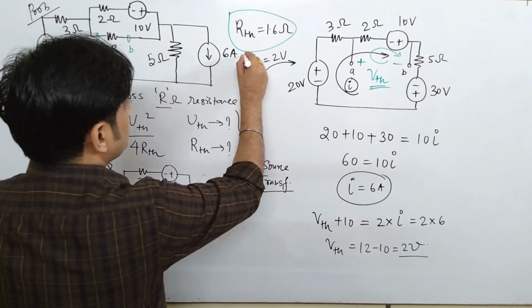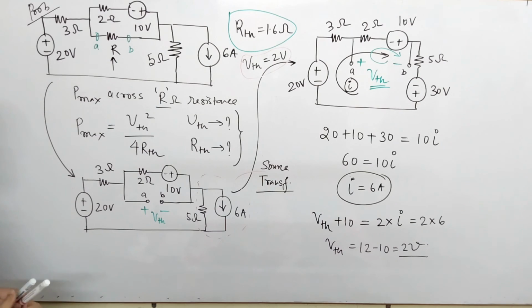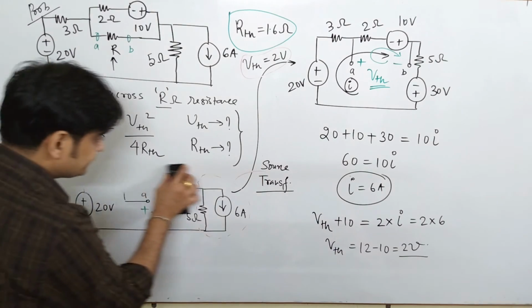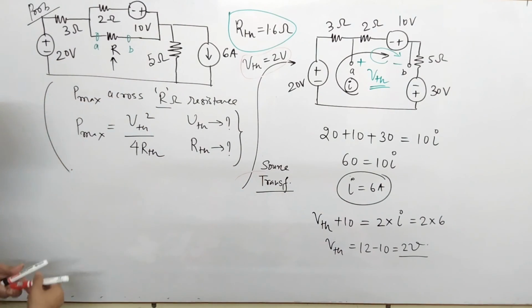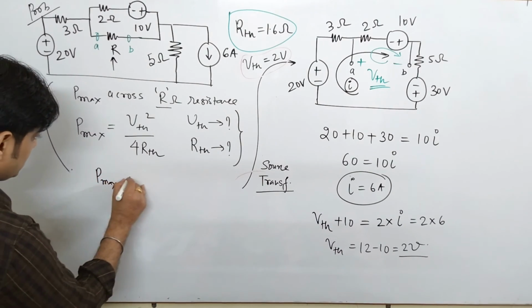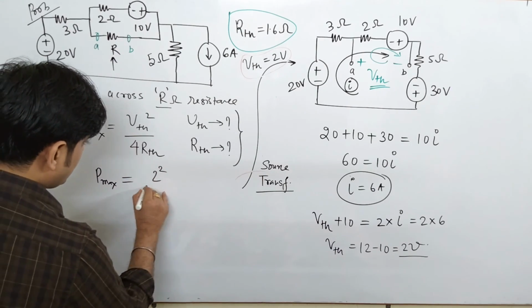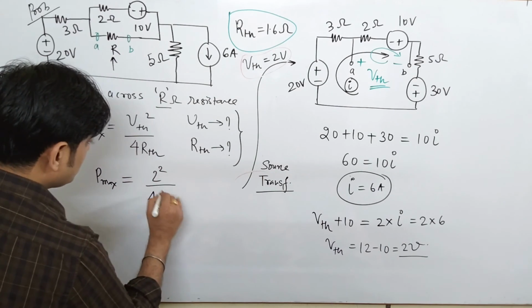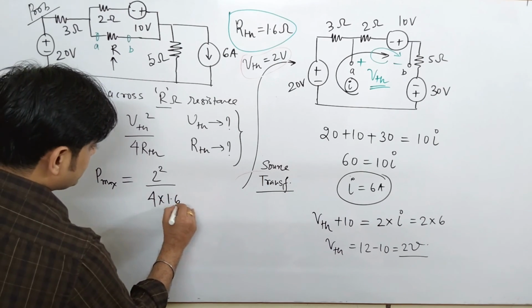So now you know the value of VTH also. RTH you know, VTH you know, so one can easily find the value of maximum power transfer. The maximum power transferred is VTH square, that is 2 square, upon 4 into RTH, and here RTH is 1.6.